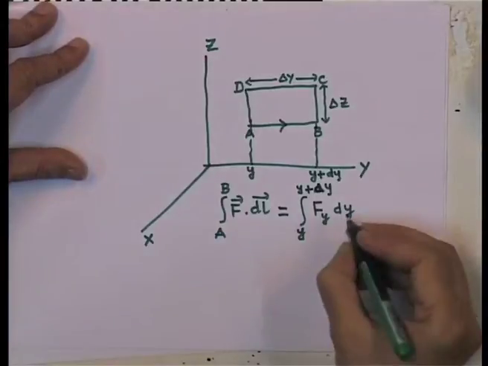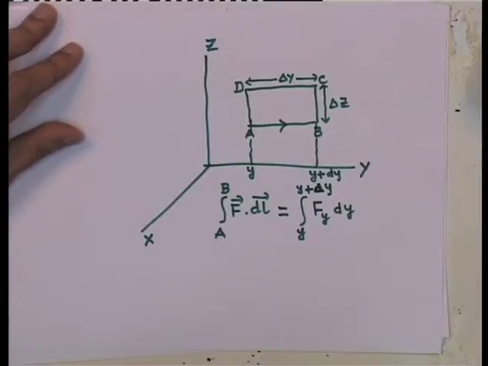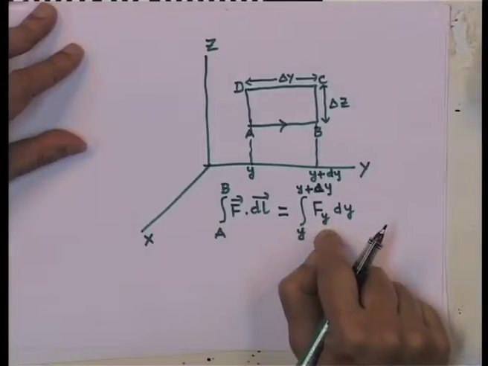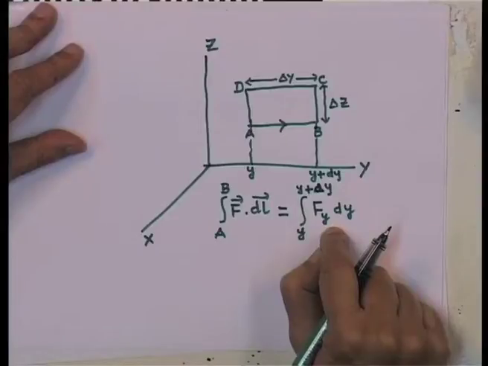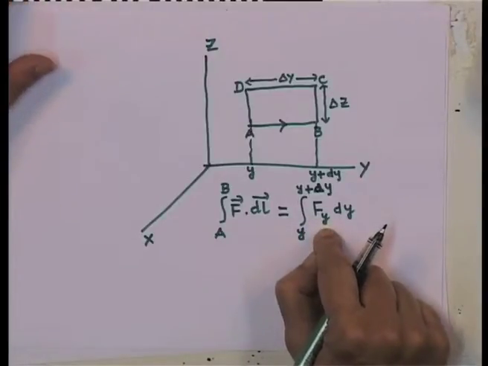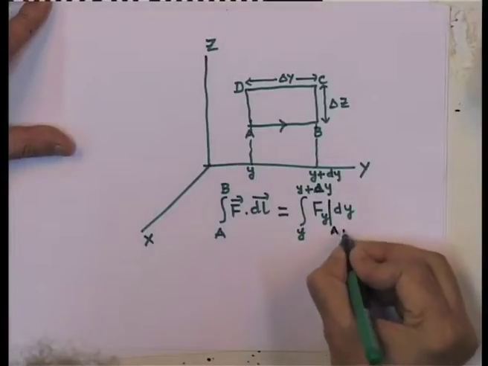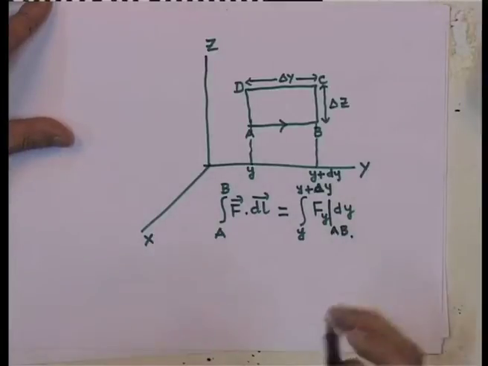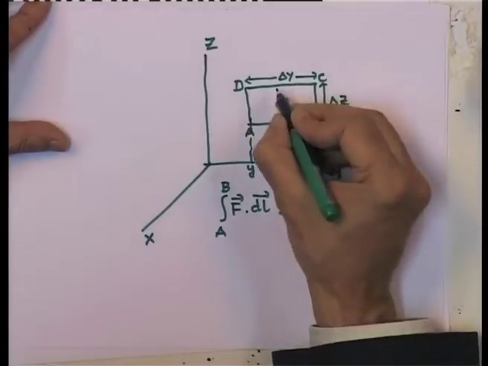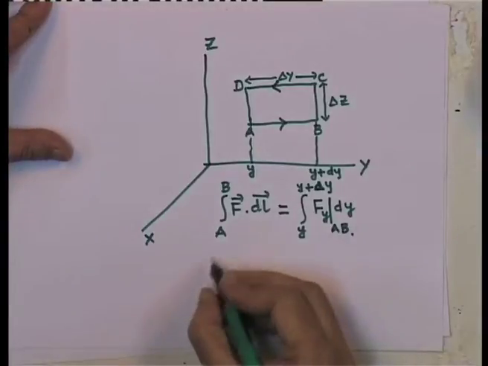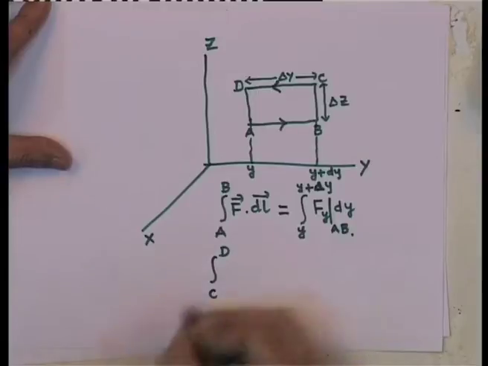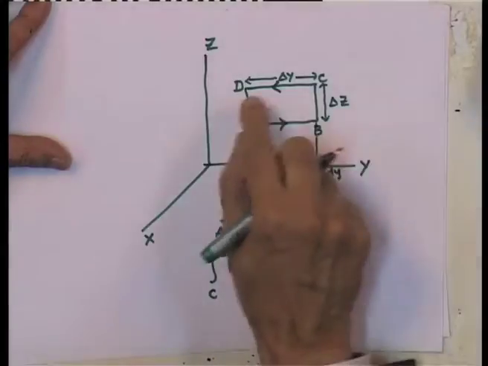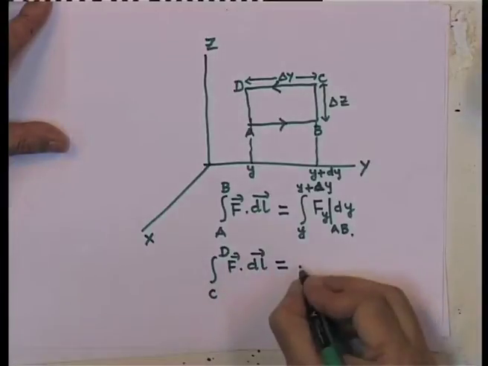So, f y dy. Now, since this element of the rectangle is rather small, I can safely assume that f y does not vary much from A to B. But let us then add with this the contribution from C D. So, when I add the contribution from C D, again f dot dl, you have to realize that this contour is traversed in the opposite direction and hence a minus sign.